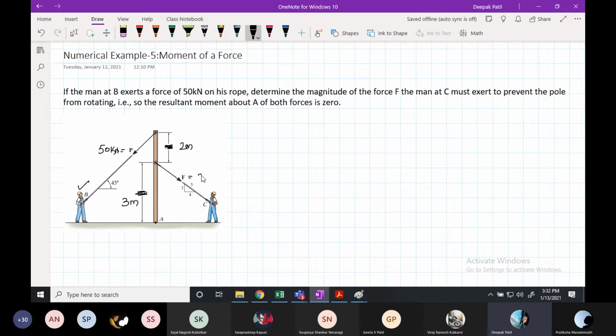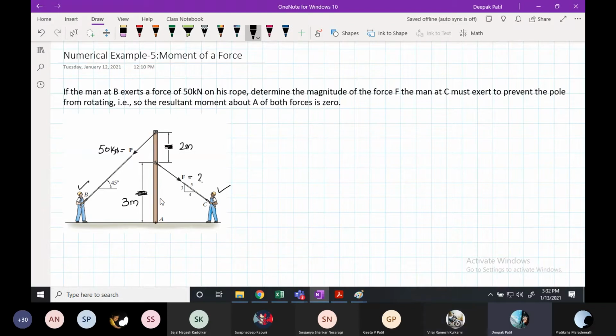So you have been asked to find the value of force F at man C, such that it prevents the pole from rotating. The man at B is pulling the rope with a force of 50 kilonewton. Now what should be the force pulled by the man at C so that he prevents the pole from rotating?